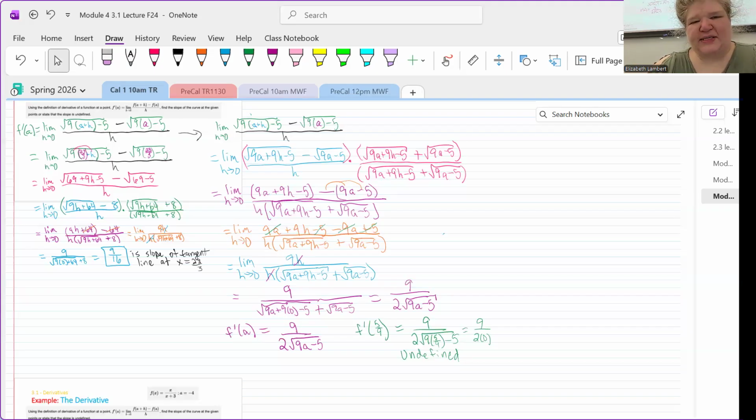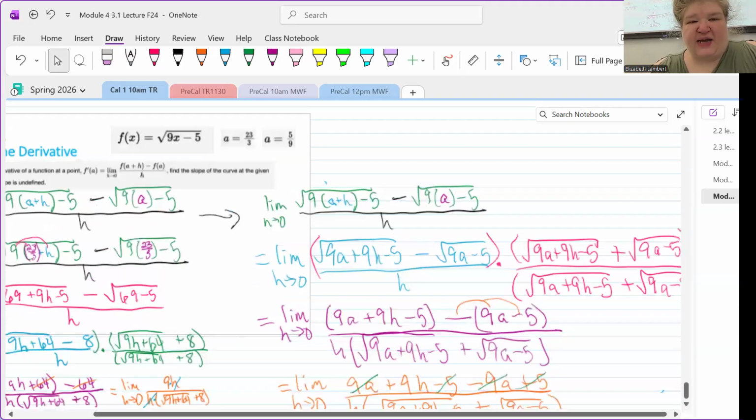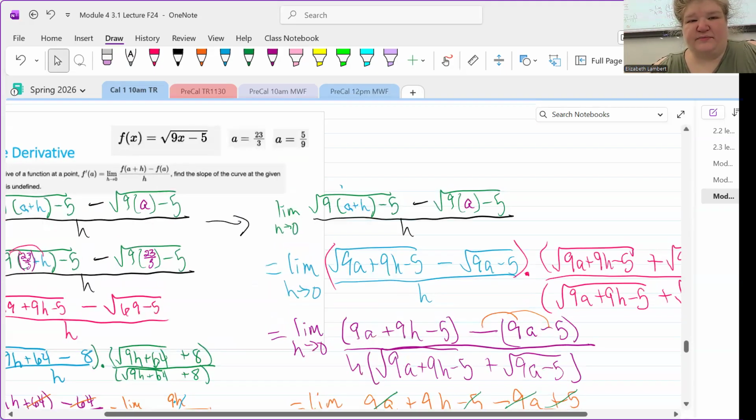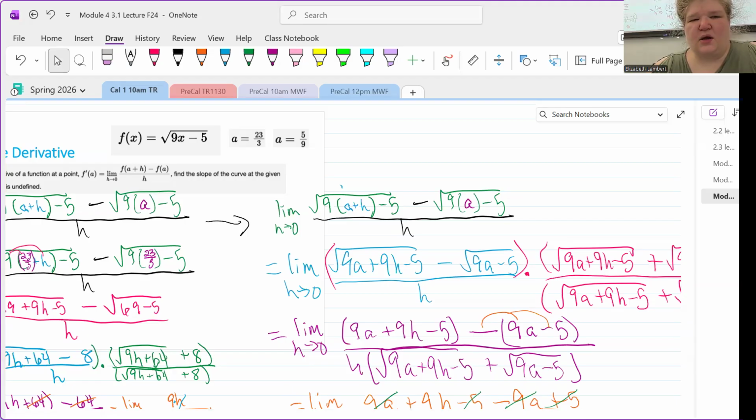So 5/9 is the starting point for this graph. So in the original function, if I plug in 5/9, I get 0. So when x equals 5/9, the y value is 0. So that is our starting point for the graph.